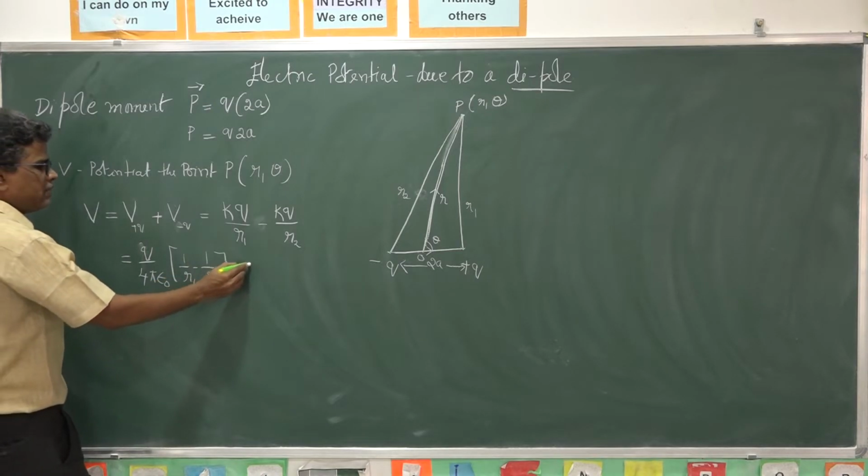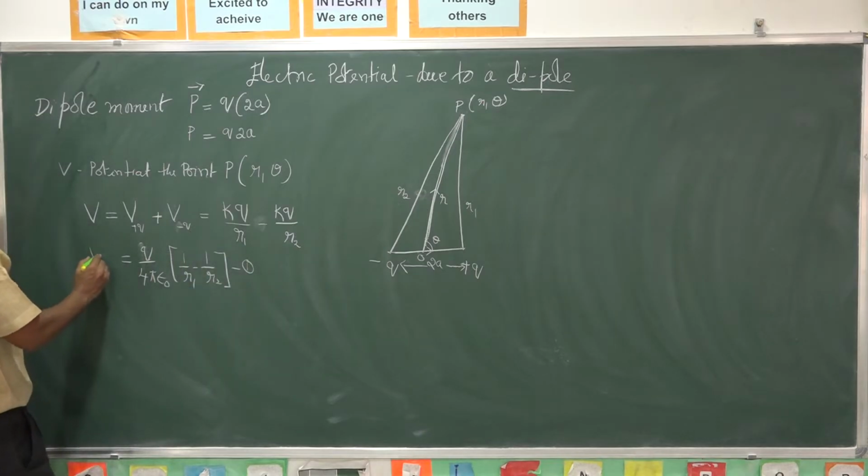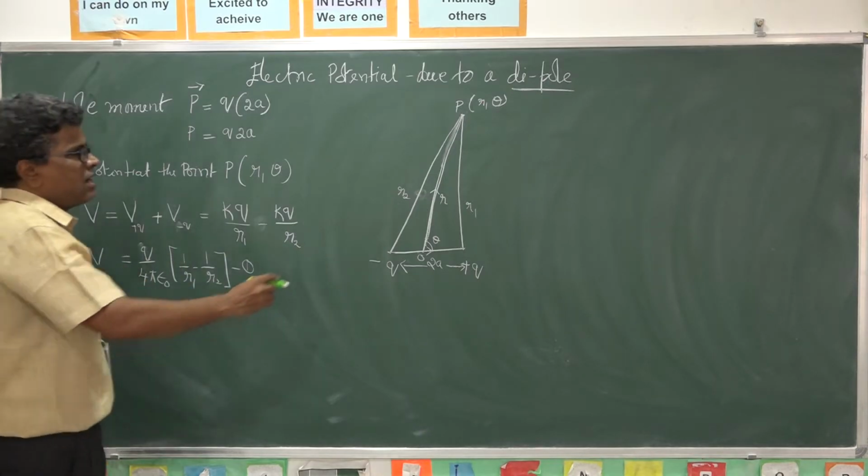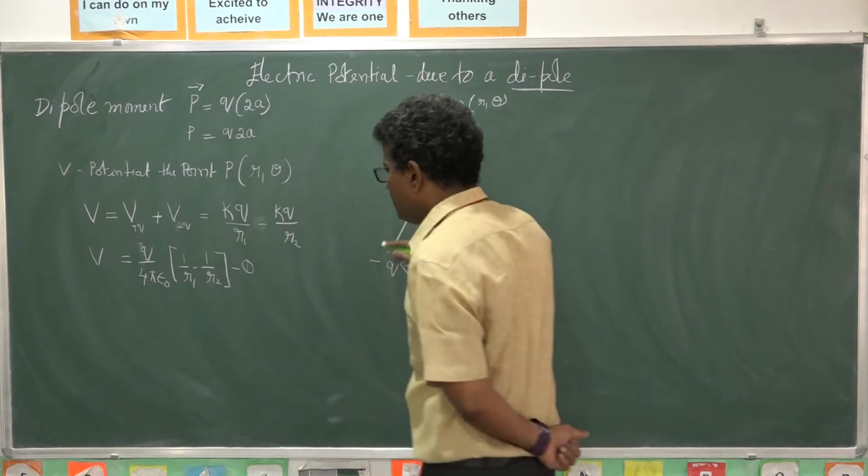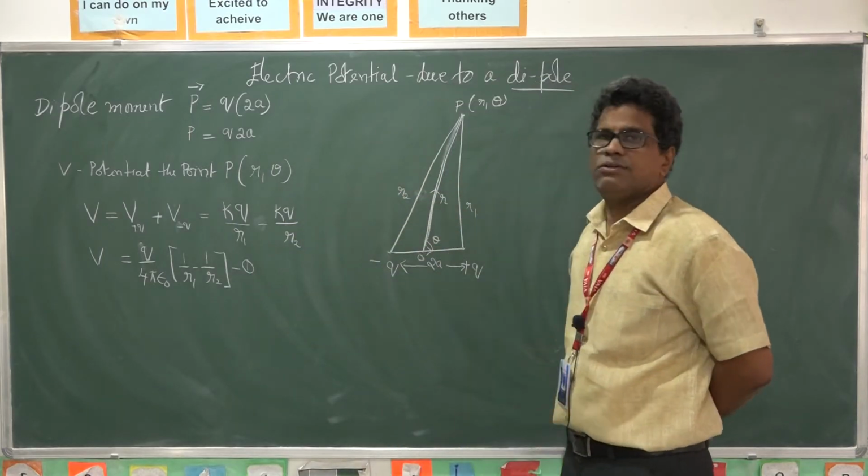Let it be equation 1. So we got the potential at this point in terms of r1 and r2.